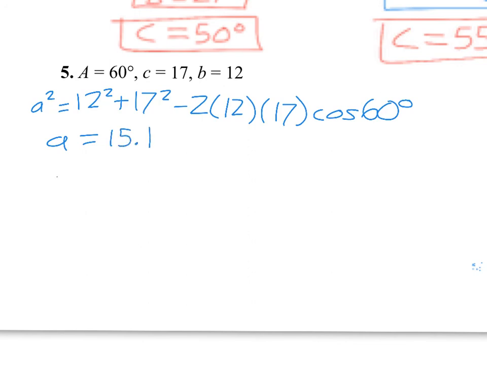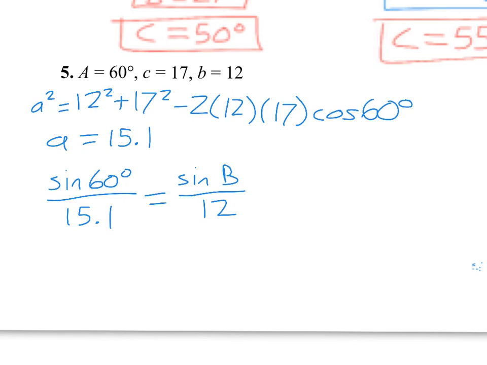Switching to law of sines, sine of 60 degrees over 15.1 equals, and then don't use law of sines for the biggest angle, so let's do angle B because 12 is smaller than 17. Multiply 12 times sine 60 and divide by 15.1.